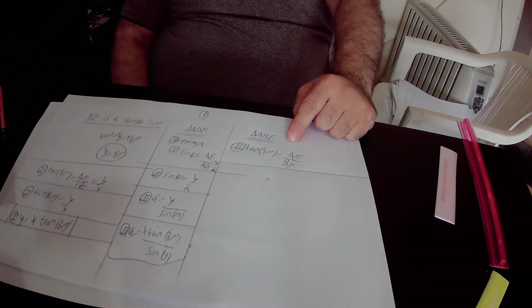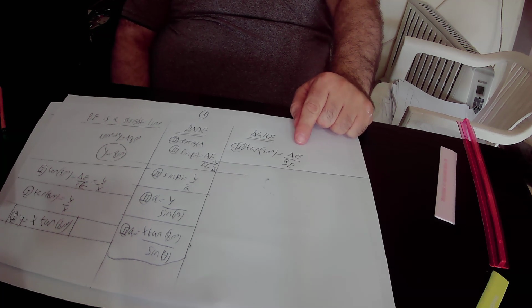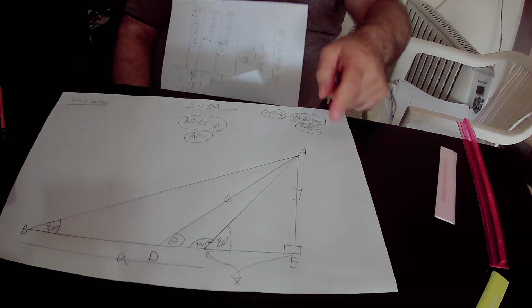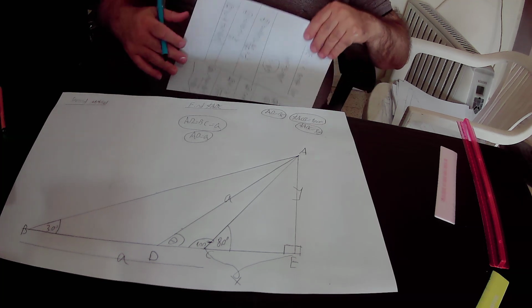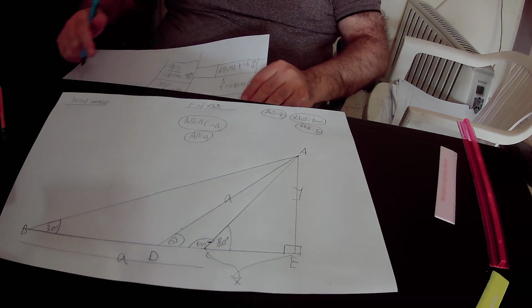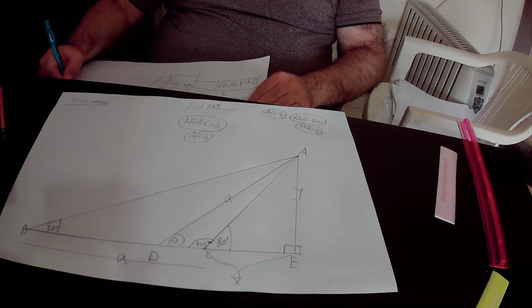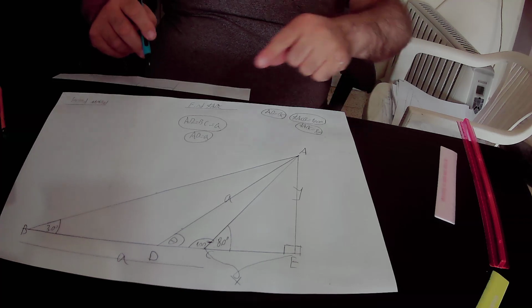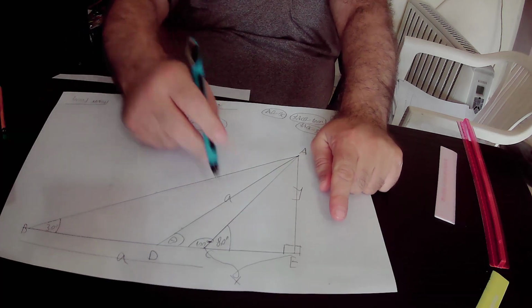In the right triangle ABE, tangent 30 degrees equals AE over BE. But according to our definition, AE equals y, and BE equals a plus x.